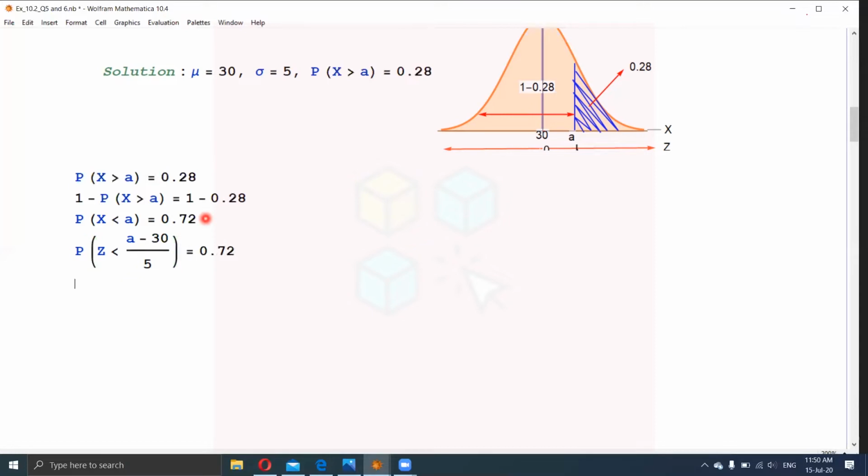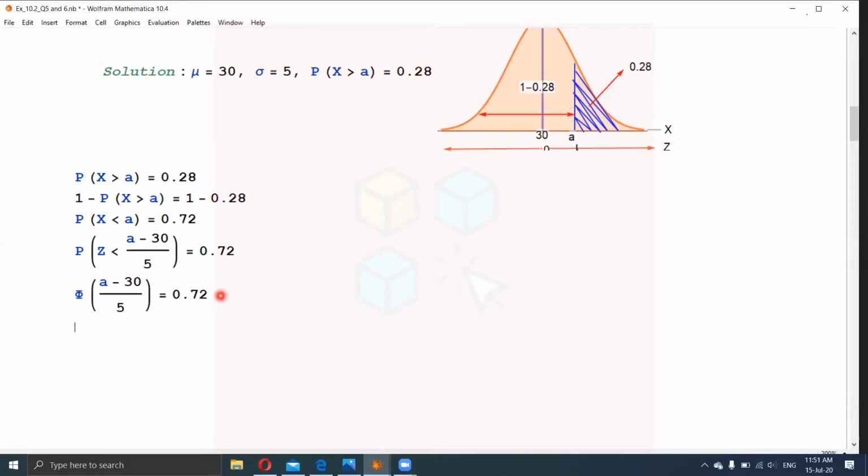Now we can write it as capital Phi of (A minus 30) over 5, and this expression is equal to 0.72.